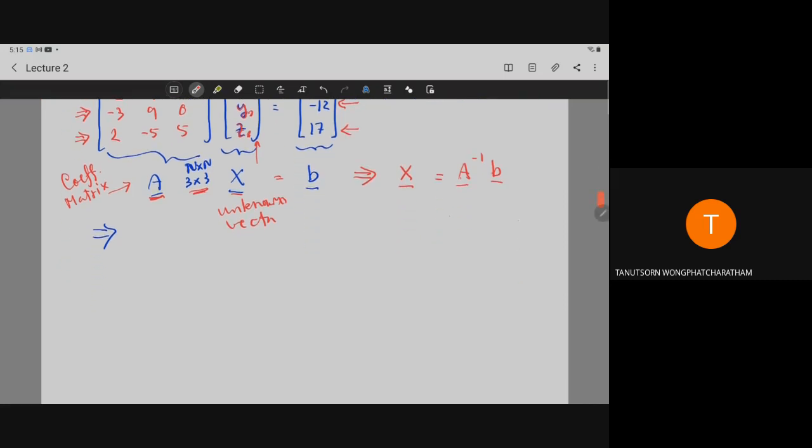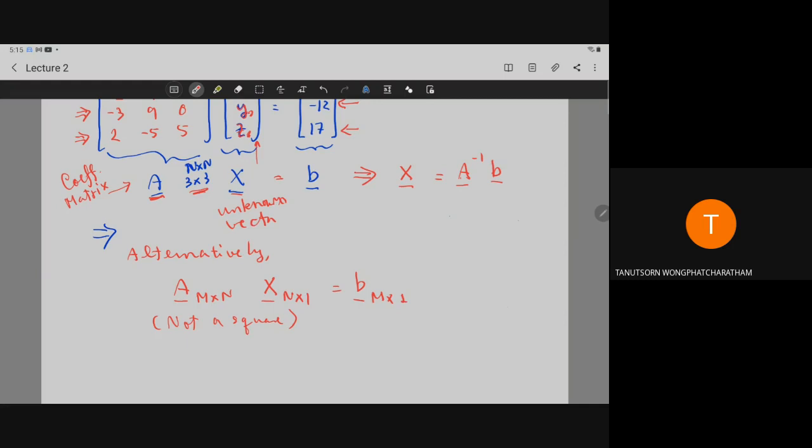Alternatively, if A is a matrix with the dimension of M multiplied with N, which is not a square matrix, and I multiply it with the unknown vector X with the dimension of N multiplied with 1, then I get B, which is M multiplied with 1.